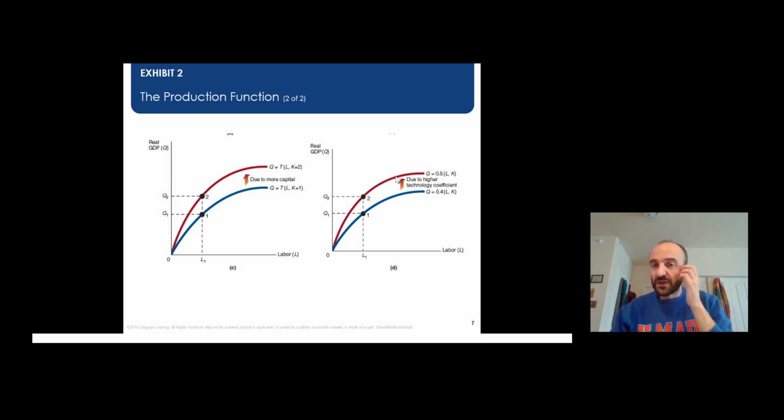If you improve your technology, your technological recipes, how you use factors of production, for example by going from a typewriter to a computer, you can increase your productivity way more with the same number of workers and with the same quantity of factors of production that you use.